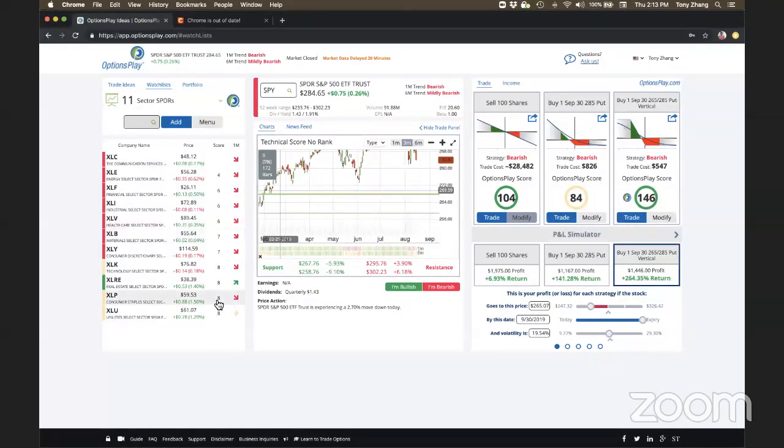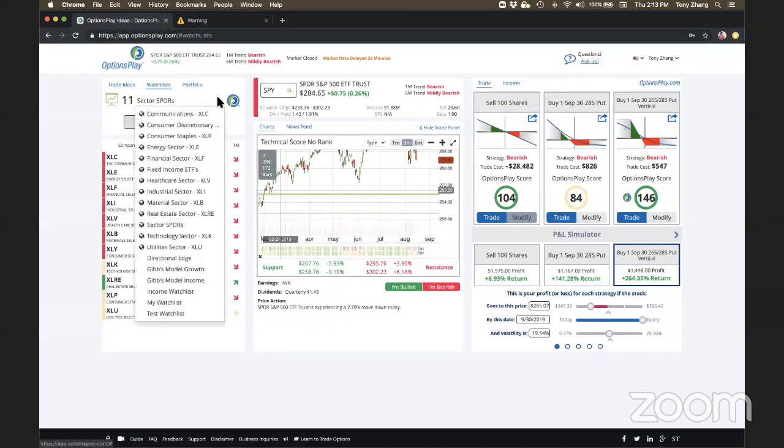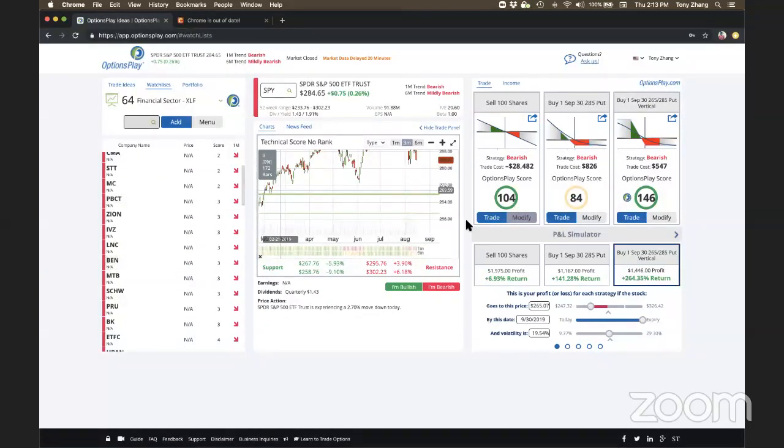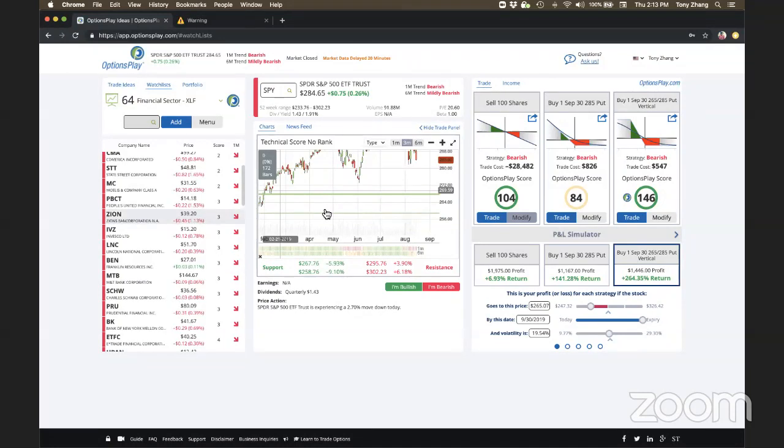I always look at our watch list to see what the sectors are doing, which sectors are strong, which sectors are weak, and drilling down into individual sectors so that I can find opportunities. So that's the way that we currently screen for it. But we are building some more advanced screening tools to allow you to take advantage of the technical data that we do have to find new opportunities.